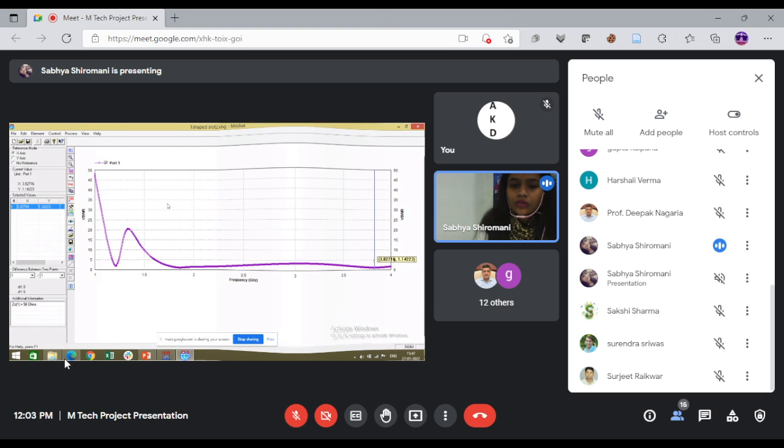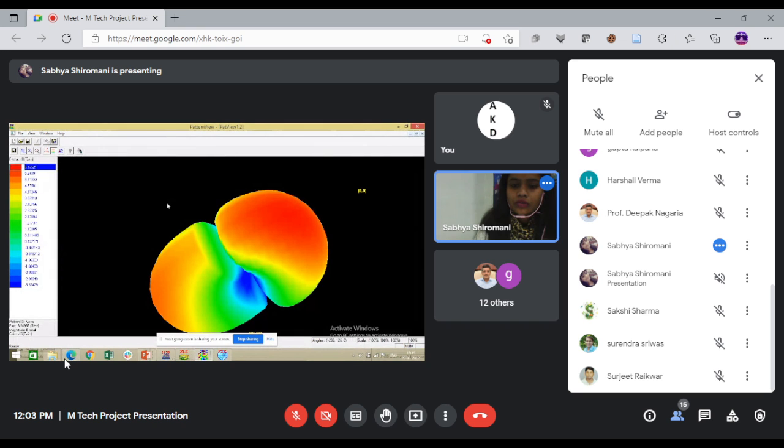Thereafter, I have the 3D pattern, or the radiation pattern, of the antenna, where the red portion defines that the radiation is at its max. That is, I'm getting the gain of 6.1251 dB, which is almost at the requirement, because we know that a microstrip patch antenna has its limit at 7 dB.